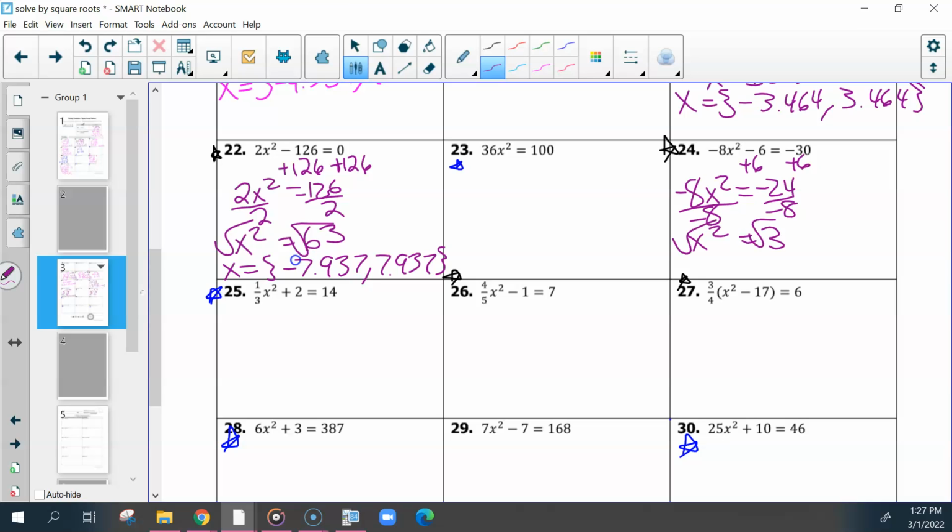What's the square root of 3? Put it in your calculator, you tell me. I think I did it wrong.